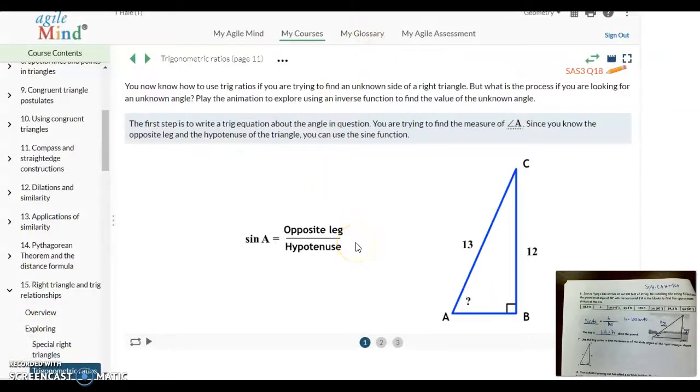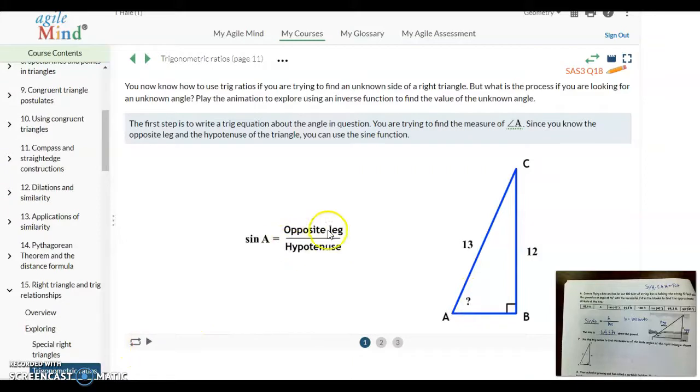The first step is to write your trig equation exactly in the same format we've been doing, which is trig function of the acute angle equals the ratio of the two sides. But instead of having a number to put in for the acute angle, that is going to be your variable. So in this case, we're looking at this right triangle we're given two sides of, and we're trying to find what the measure of angle A is.